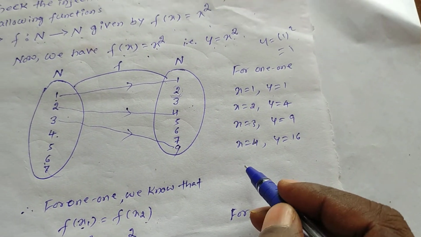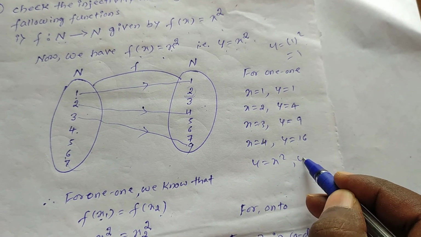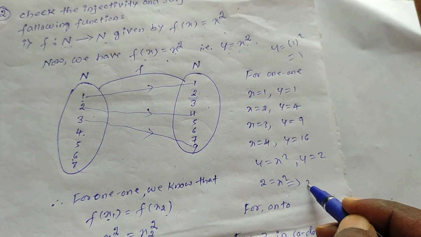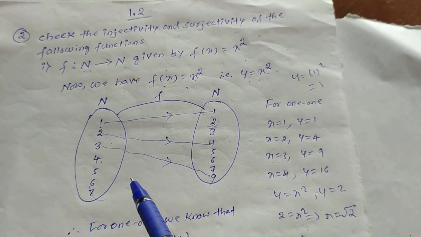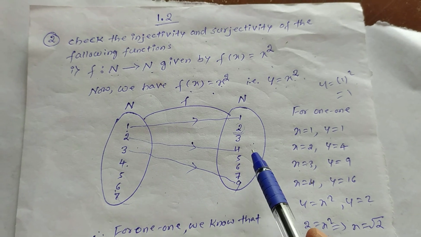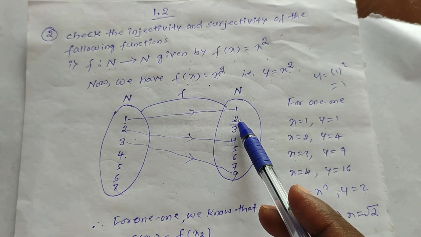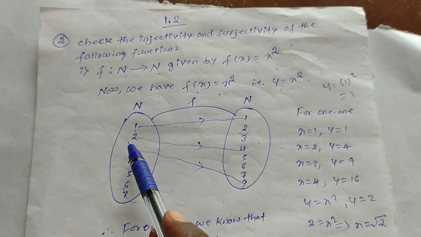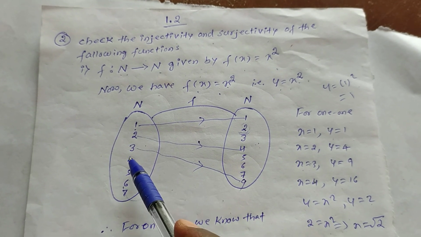See here what happens. y is equal to x square. We put y is equal to 2, so 2 is equal to x square. It becomes x is equal to square root of 2. But square root of 2 does not belong to N. Therefore, for some elements in codomain N, there are no pre-images in domain N. For example, 2, 3, etc. do not have pre-images.